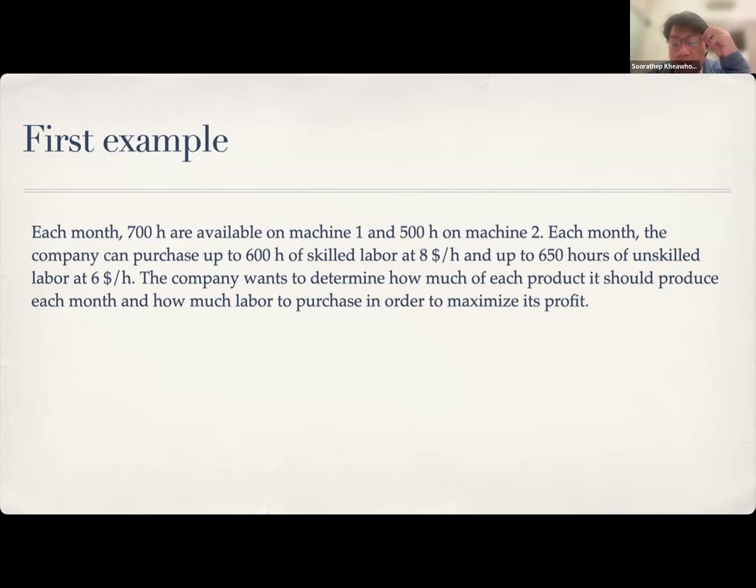Each room will get the same problem here. You can access this problem, right? You have 15 minutes to discuss among your group.